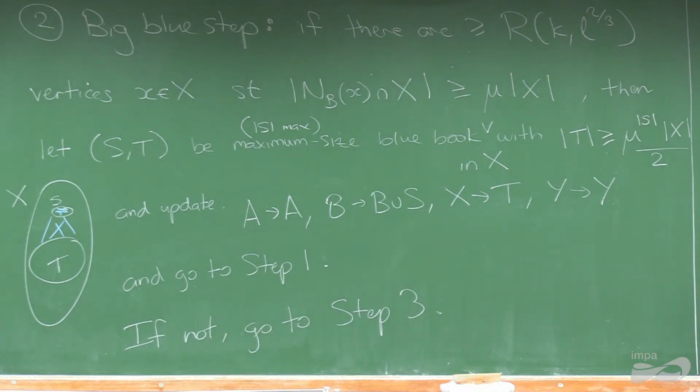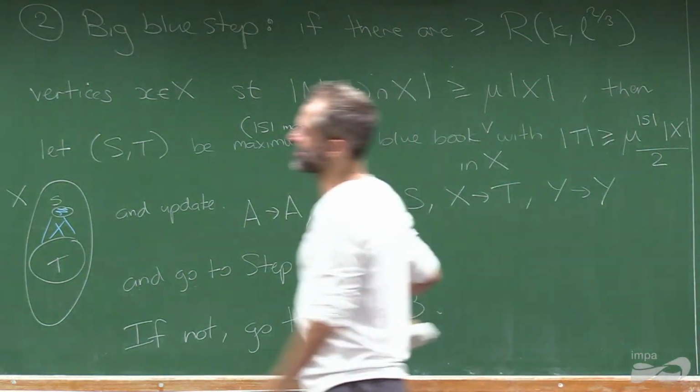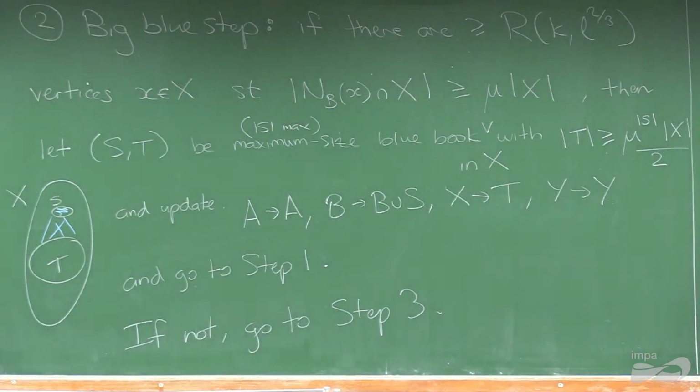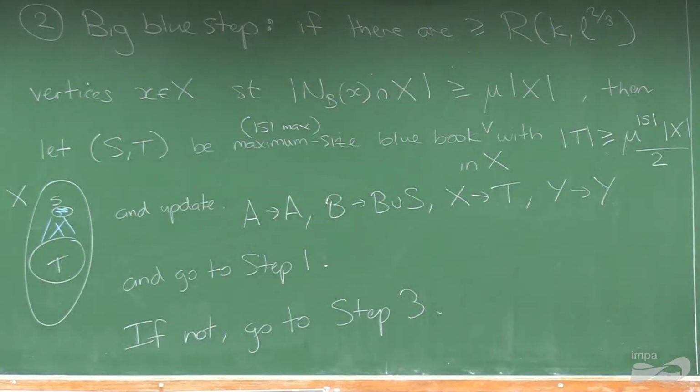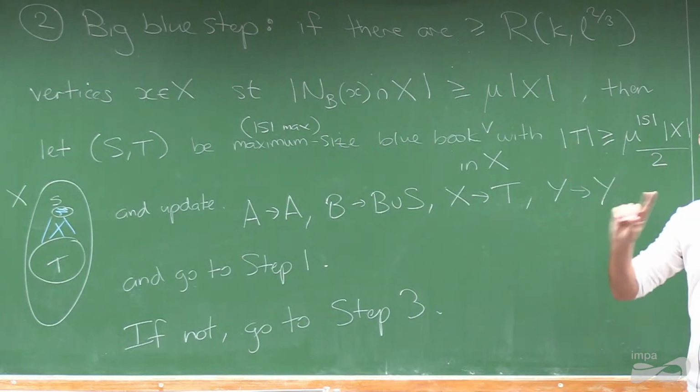Now I've run out of space, so we'll come back here. The mu to the S is big enough because we wouldn't do a blue step for each vertex, since we would lose a factor of 2. There are two different things here.